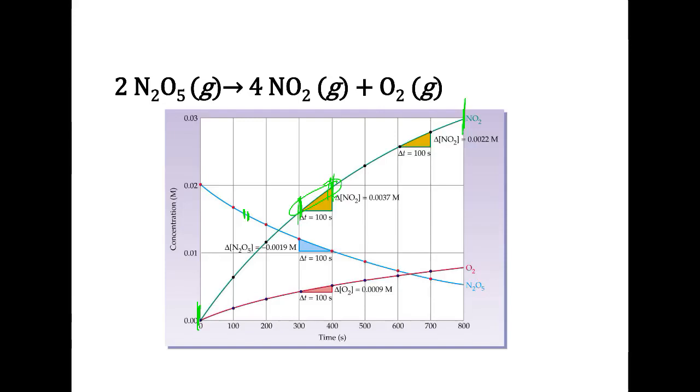And whenever we say an initial rate, we're looking at an instantaneous rate at time equals 0. So we're looking at a really, really small time step at the initial concentration, at time equals 0.